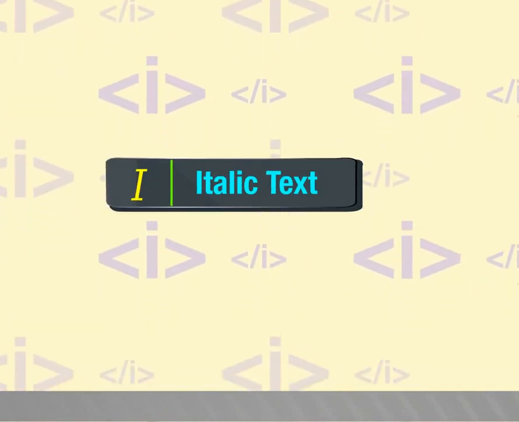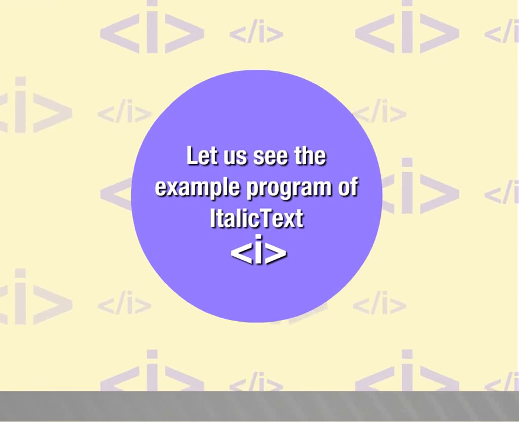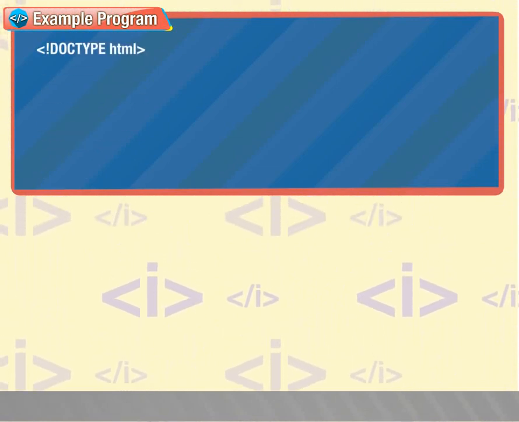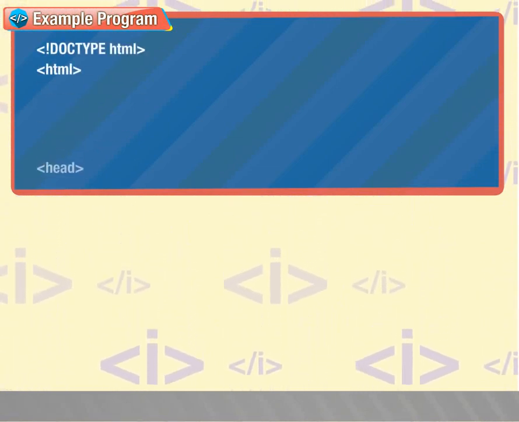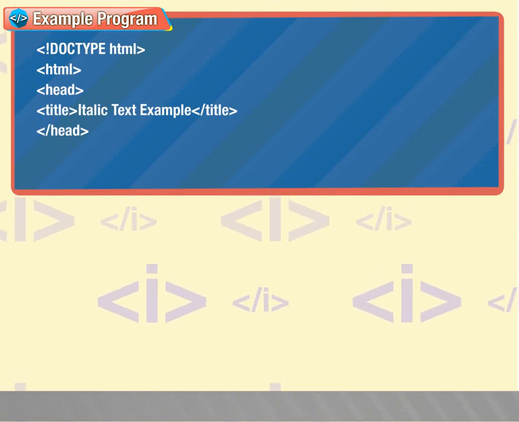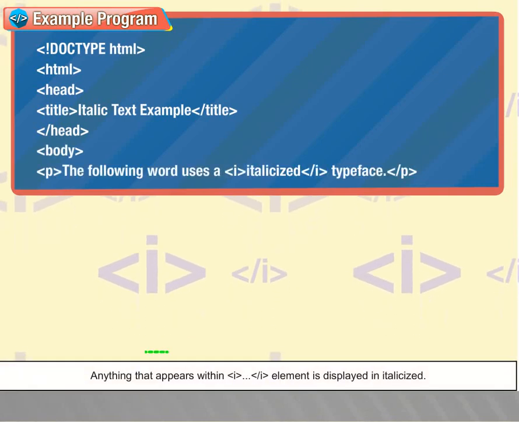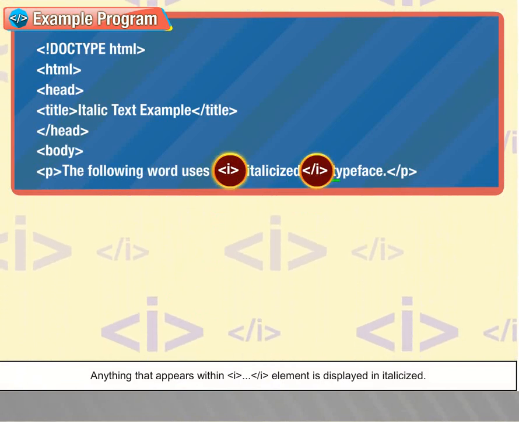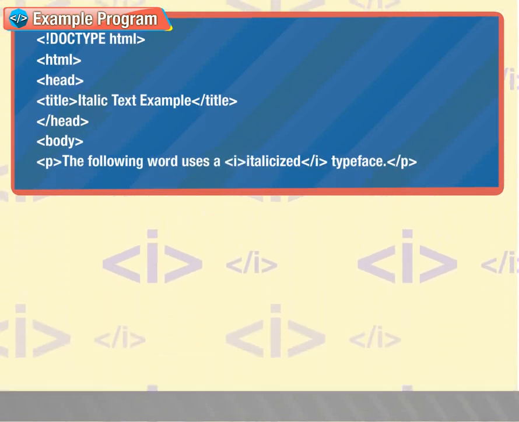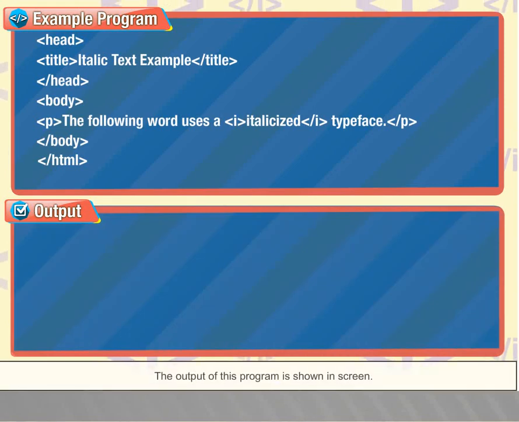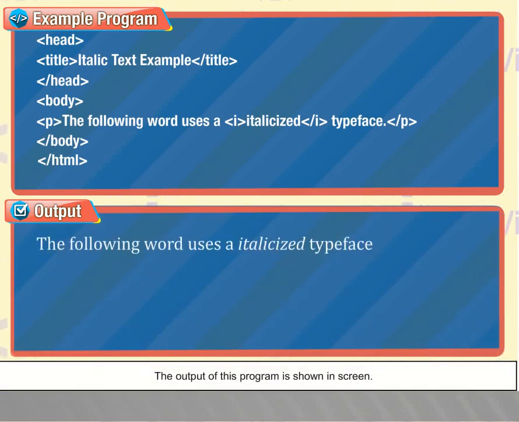Italic text. Let us see the example program of italic text. Anything that appears within the I element is displayed in italics. The output of this program is shown on screen.